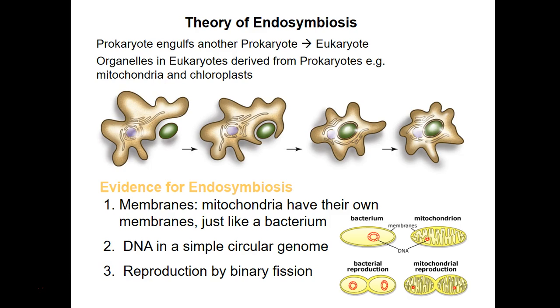They also have their own DNA that's in a simple circular genome, so you can actually trace your maternal lineage through mitochondrial DNA, because it turns out that humans get their mitochondria from mum's egg. Dad's sperm is too small and does not carry any mitochondria in it, so it doesn't provide any mitochondria to the zygote.